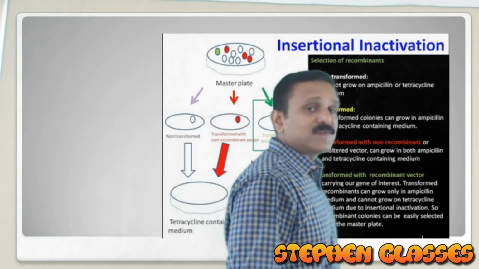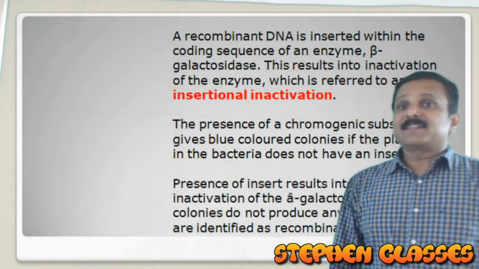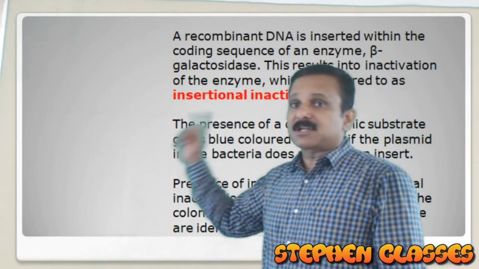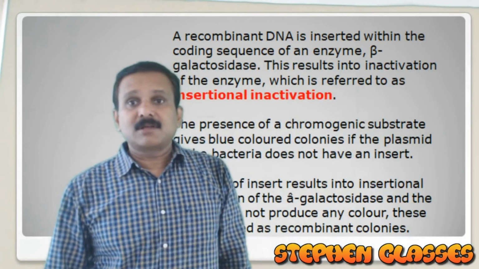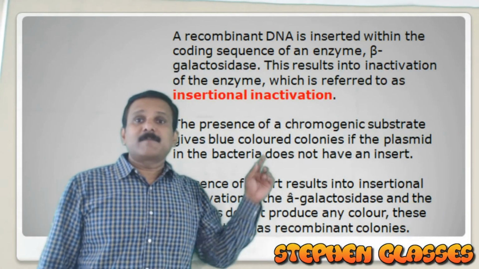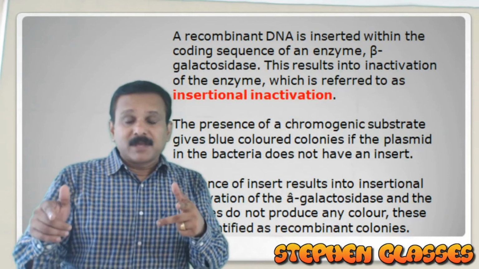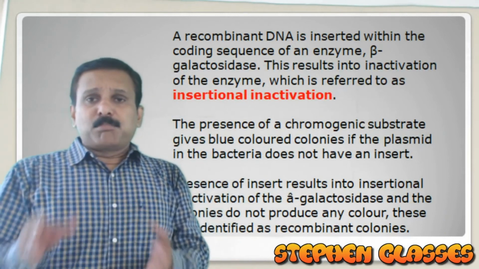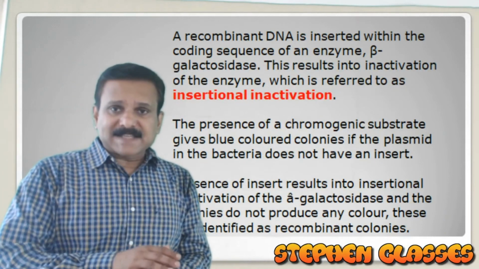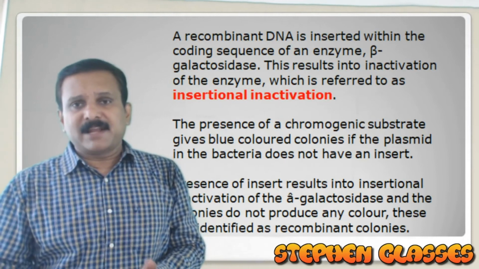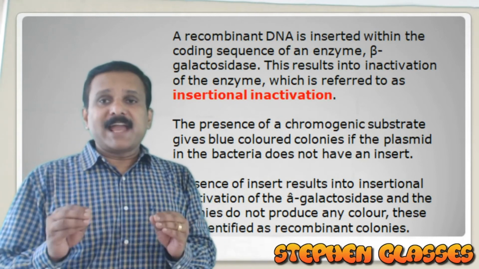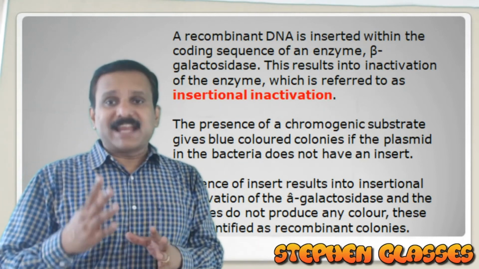Now coming back to our question. Before that, here is an explanation about insertional inactivation directly from your NCERT book. But always plating in tetracycline medium and then in ampicillin medium is very difficult. So nowadays we have a new technique.